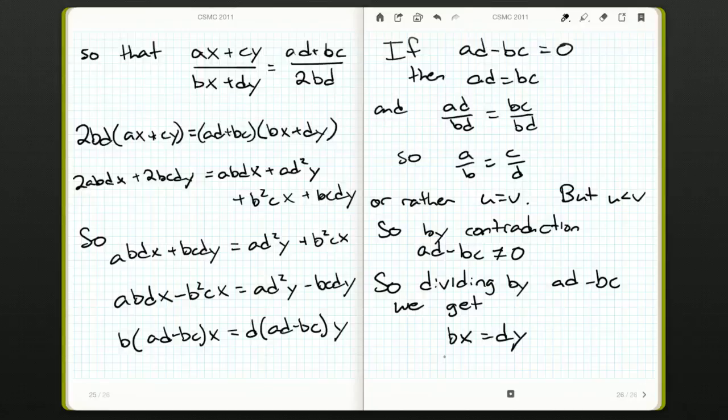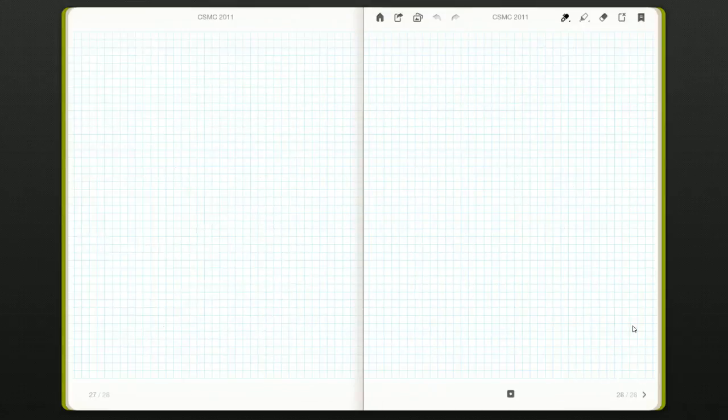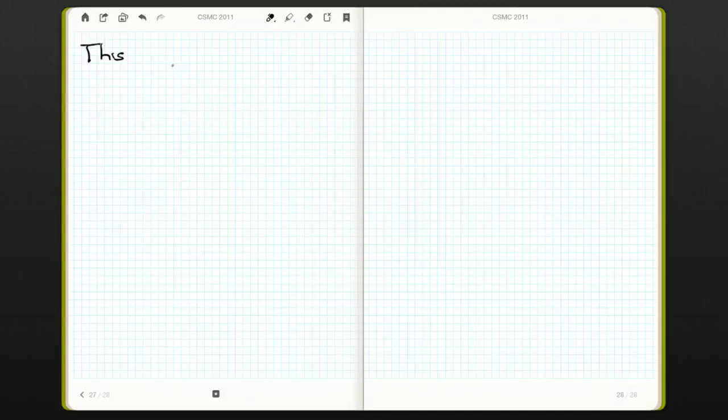So now we need to find x and y so that bx equals dy. And the quickest way to do something like that is to just take x to be whatever we need to multiply y by, and y to be whatever we need to multiply x by.